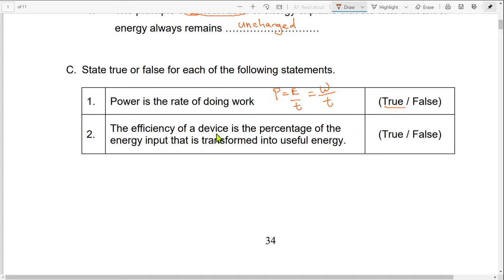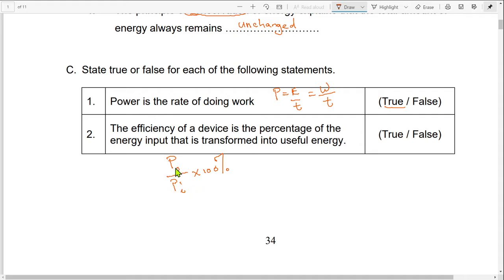Efficiency of a device is the percentage of the energy input that is transformed into useful energy. So you need to understand the statement here. It simply says that I can write this as P output over P input multiplied by 100%.